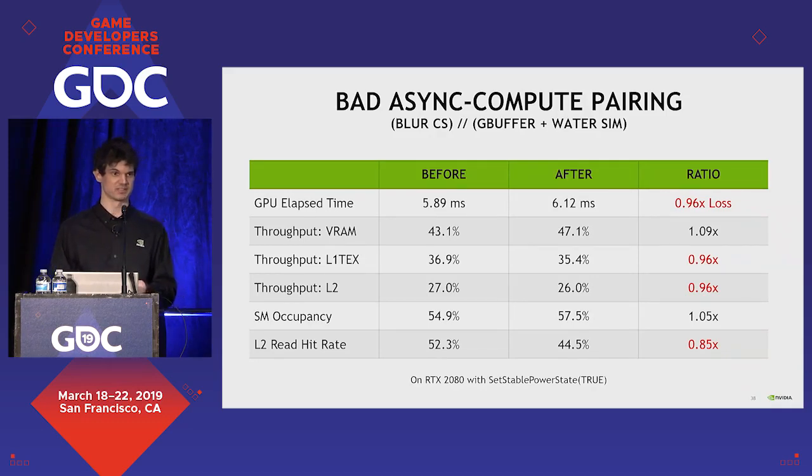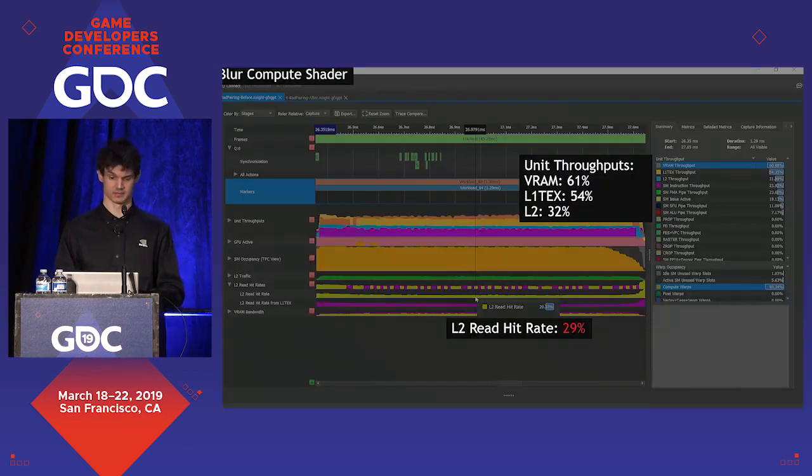So what happened is that because all of those workloads were VRAM latency limited, and in fact, they happen to be using the L2 in a thrashing way, putting them together thrashes even more the L2 cache, and overall increases the latency of VRAM. So overall, everything gets lower. And let's see exactly.